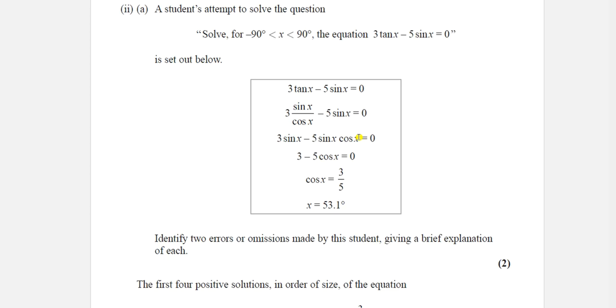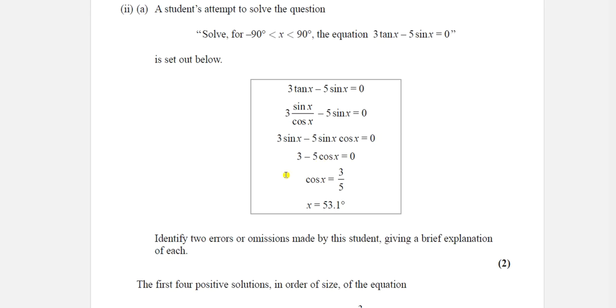This is also a sensible thing to do, because previously we had an awkward fraction. Now we have something that doesn't involve fractions. Maybe you would have added 5 sin x to both sides before multiplying through, but you'd end up with an equivalent expression. So far, so good. On the right-hand side, notice we've got a 0, so multiplying by cos x will not affect the value of the right-hand side. 0 times cos x is still 0.